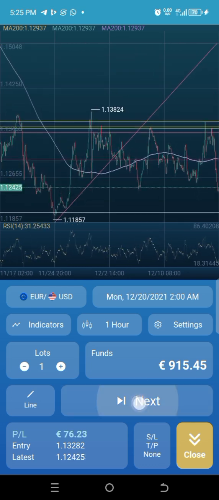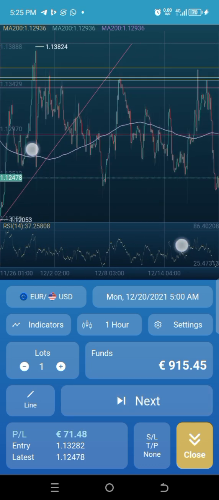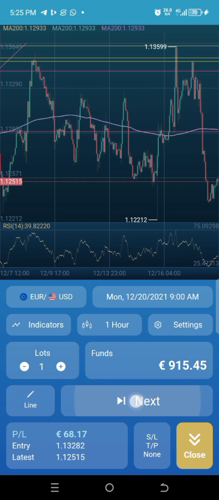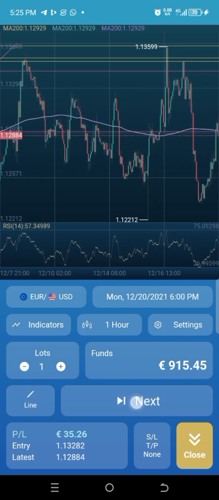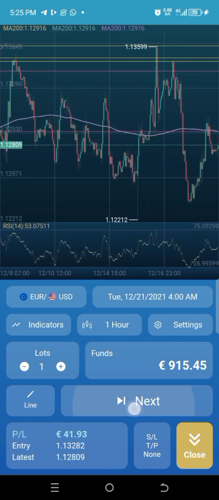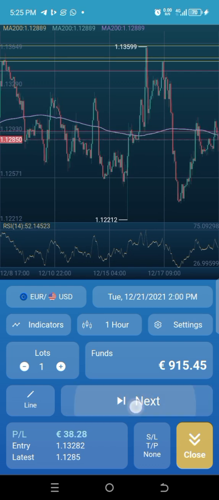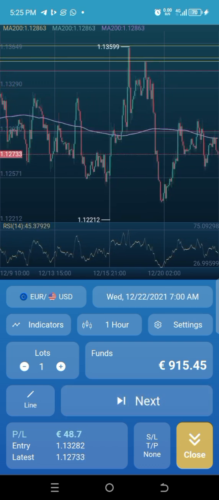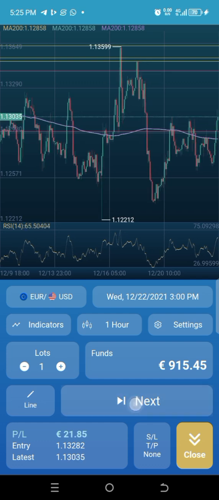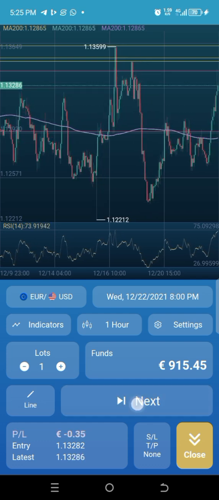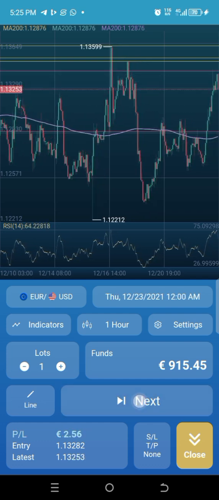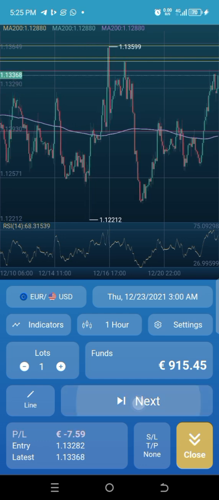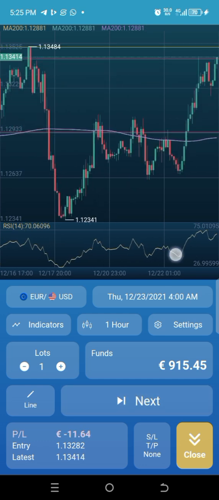Okay. Looks like it's going back up, which I feared. It's really taking its time to show us the direction. Okay, price looks like it's not going to go down.